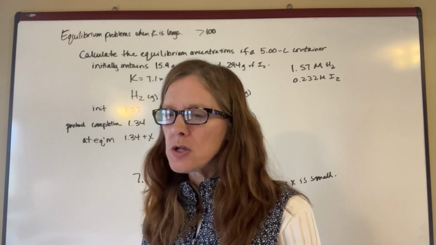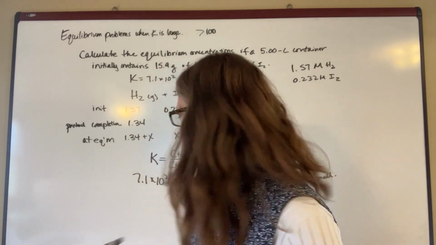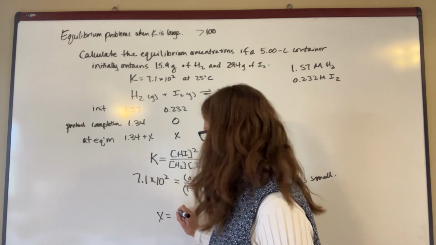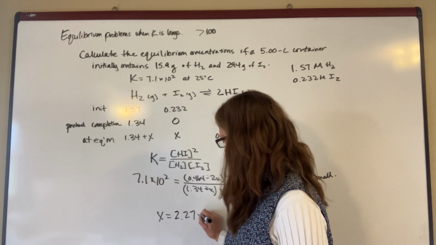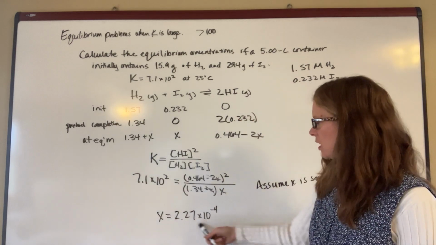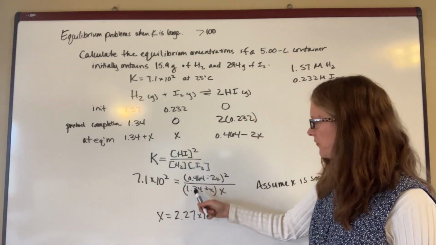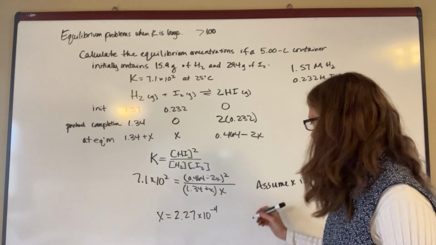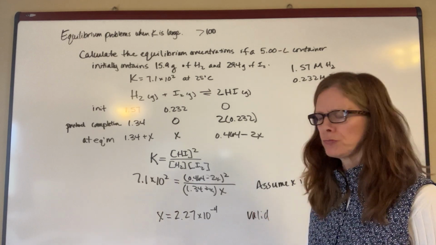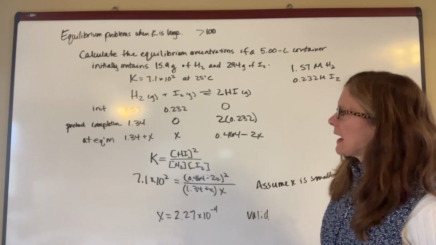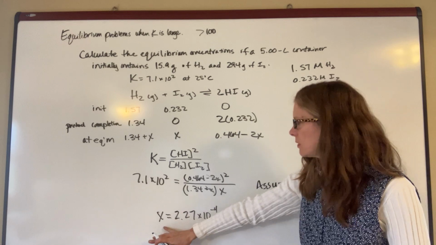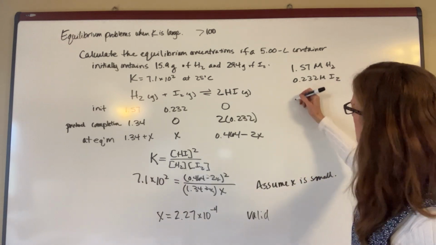So when you crunch through all that algebra, you end up with an x of 2.27 times 10 to the minus 4th. And certainly a number like this is not going to affect these guys here, so my assumption is valid.